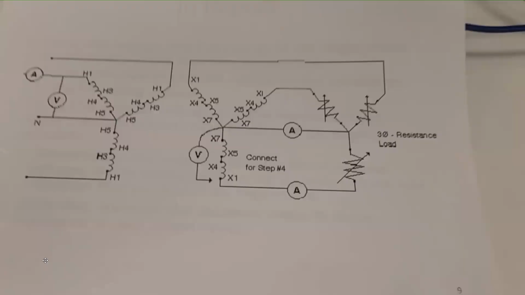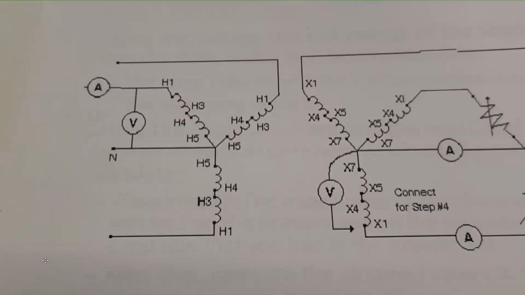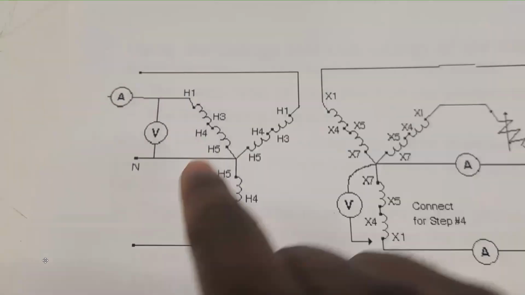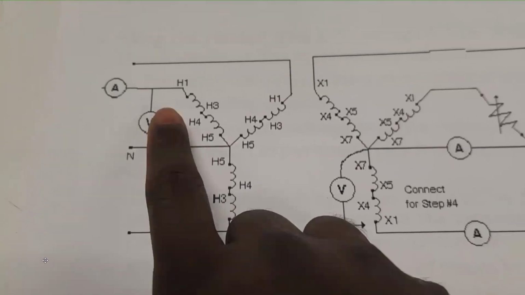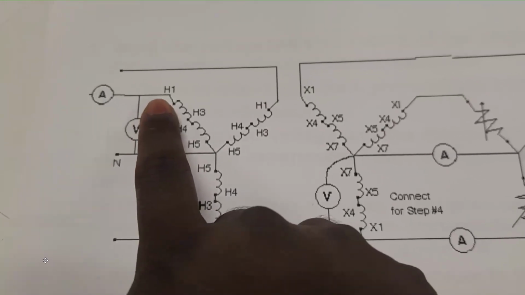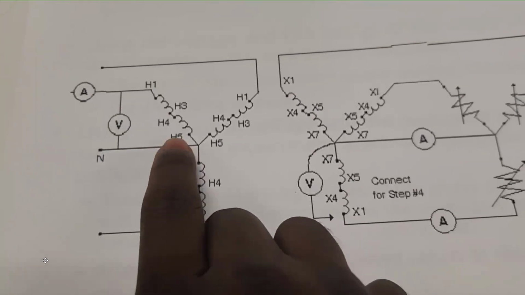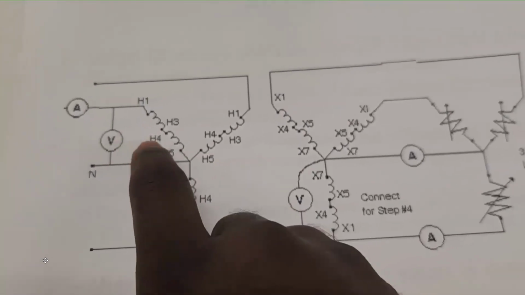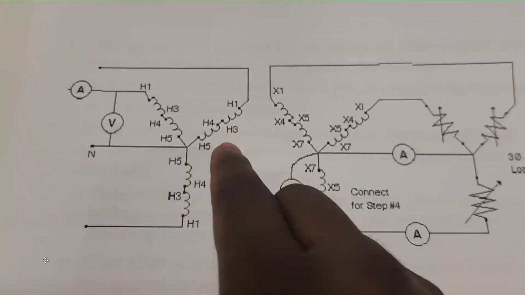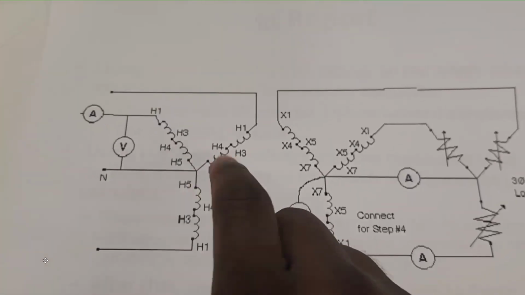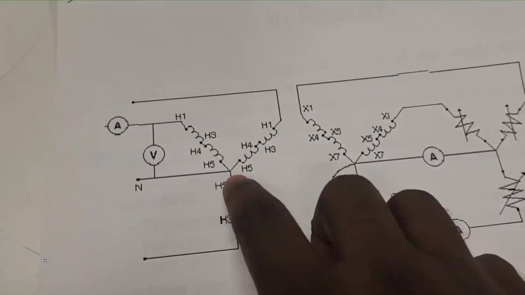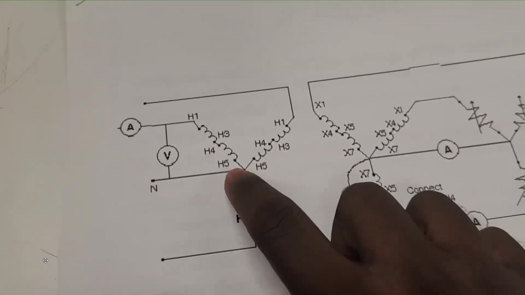So if I look at this figure, we can see that one winding starts from H1 till H5. For example, this is A, this is B, and this is C. In three of them, they have a common point, so that's connected.